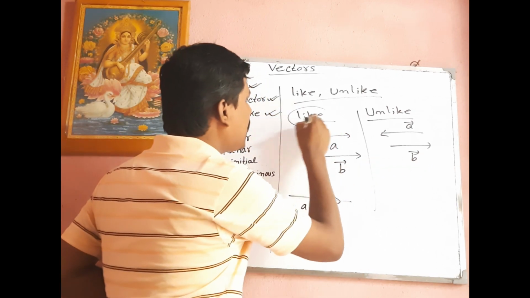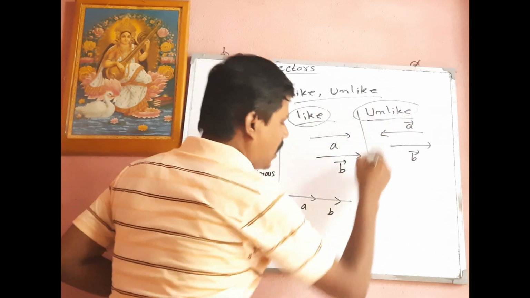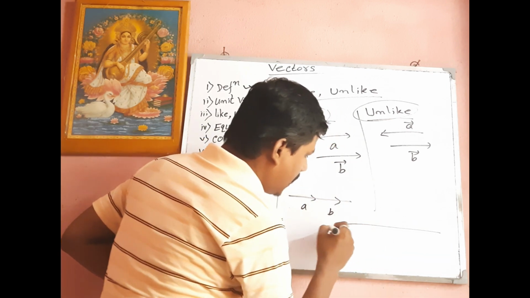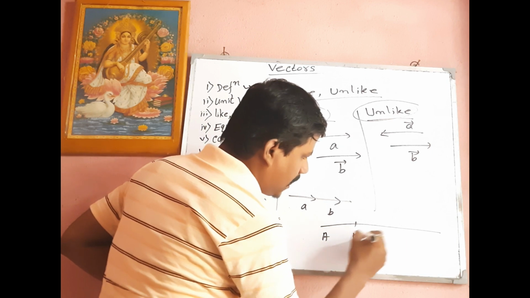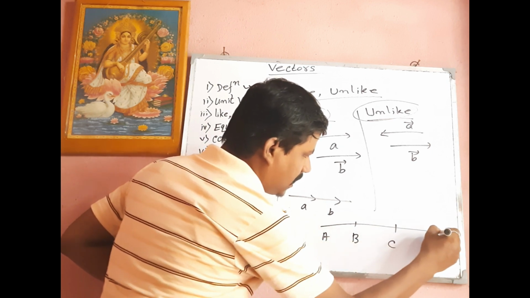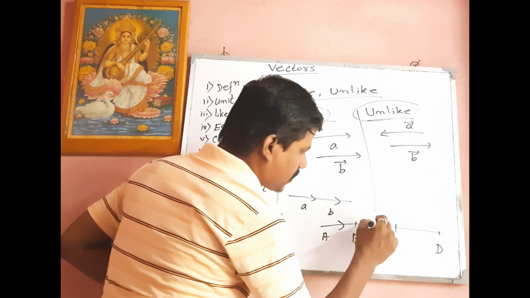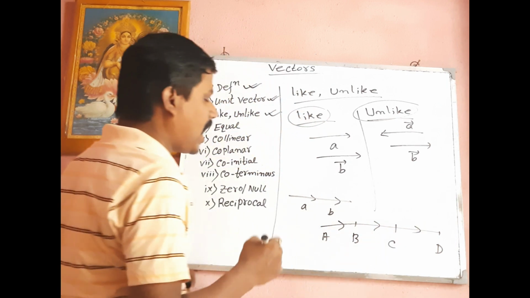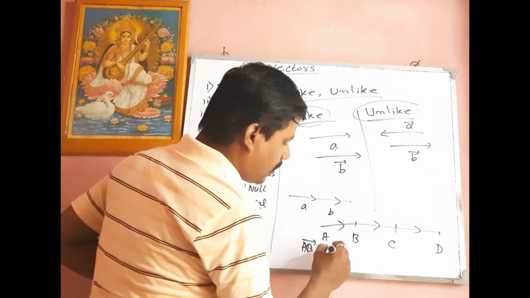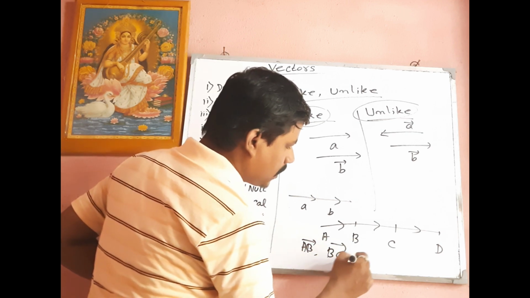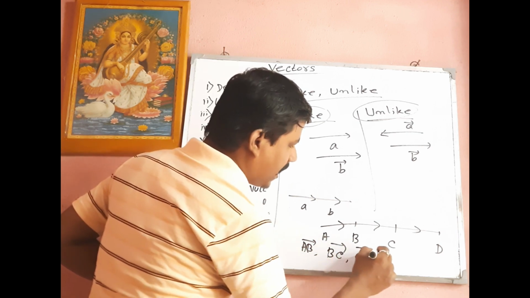So universally like vector and unlike vector, suppose A, B, C, D. This is the vector. So for the like vector, AB, BC, CD is a like vector.